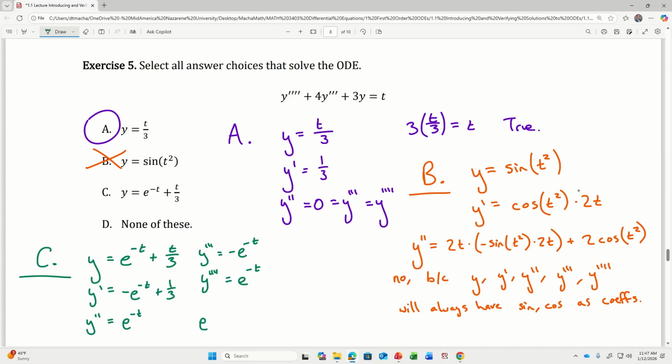It would be e to the negative t plus 4 times negative e to the negative t plus 3 times e to the negative t plus t over 3 equals t. Yes. So this has choices A and C as solutions.